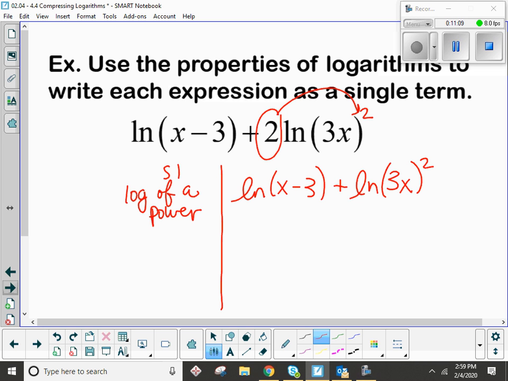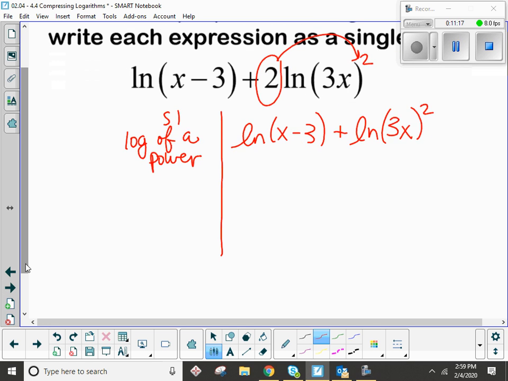Read step 2 to yourself, please. Step 2, if your logs are added. Are our logs being added right now? Absolutely. Okay, so it says, if your logs are added, multiply the values following them. I will highlight what that means, what the values following them are.